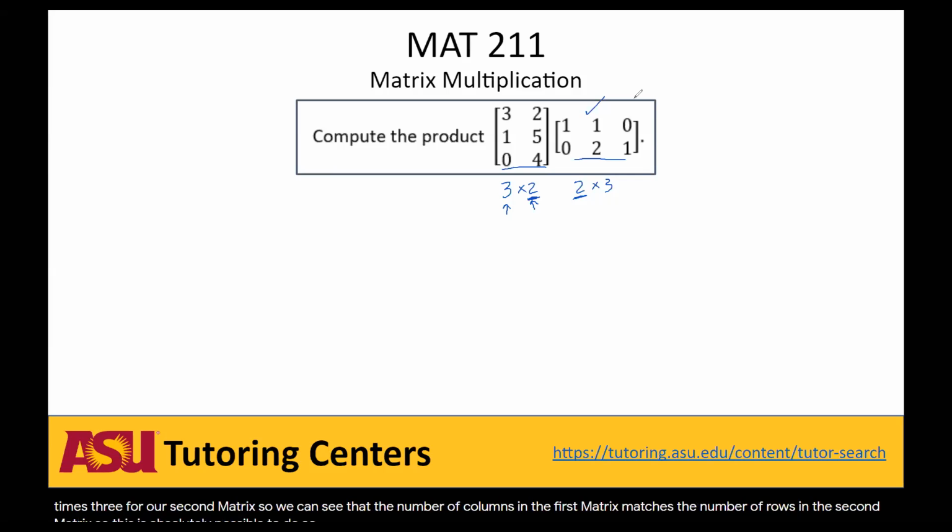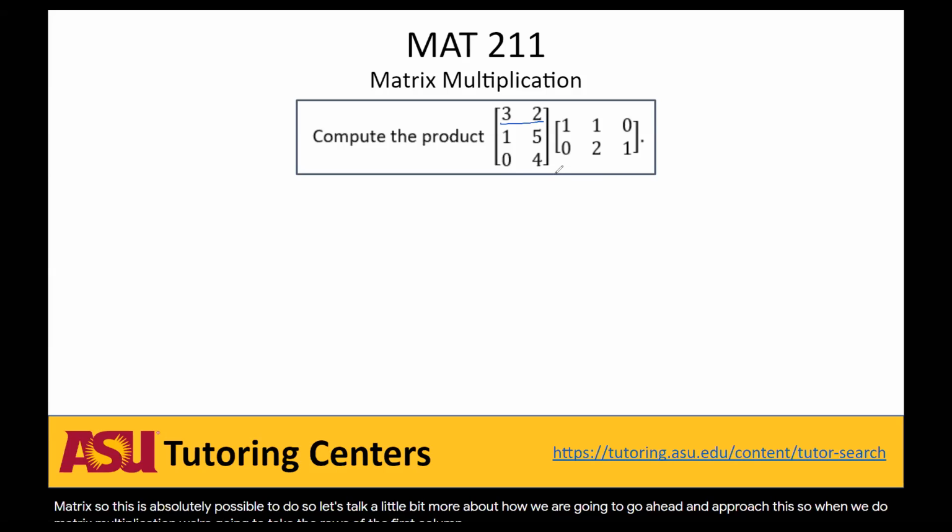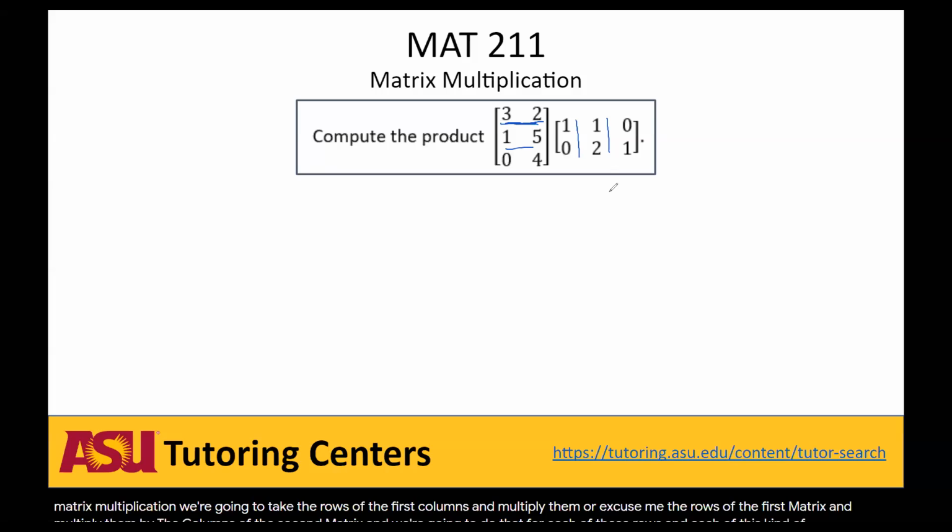So let's talk a little bit more about how we are going to approach this. When we do matrix multiplication, we're going to take the rows of the first matrix and multiply them by the columns of the second matrix. And we're going to do that for each of the rows and each of the columns.